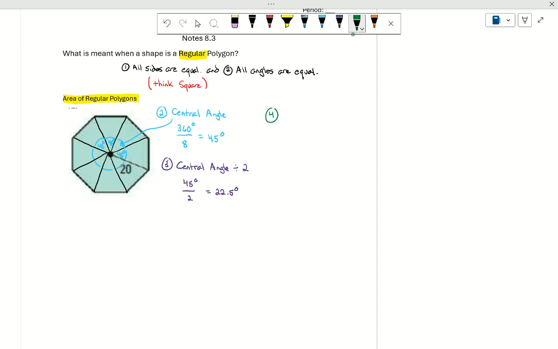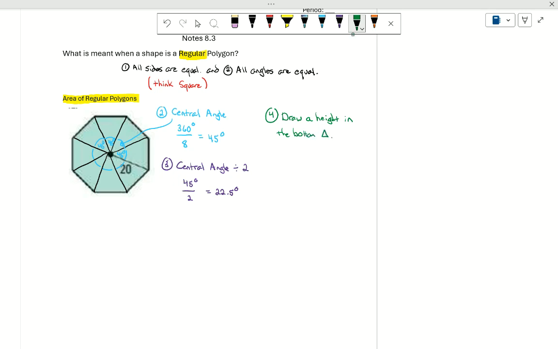The fourth thing that you're going to do is draw a height in the bottom triangle.